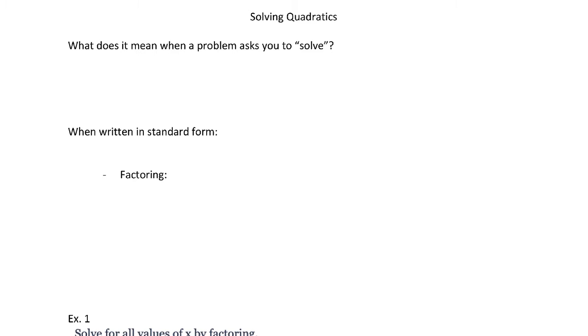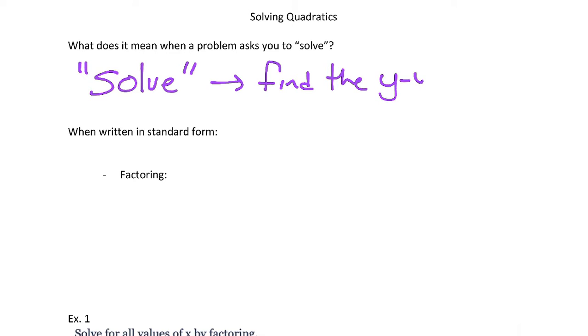To move away from graphing quadratics to what's this idea about solving quadratics. So in math, when you are asked to solve, when that is the direction, it means find the y value or x value.